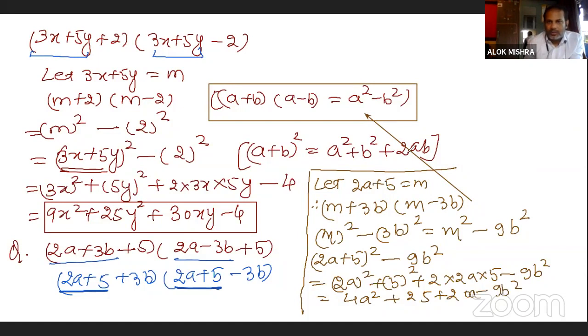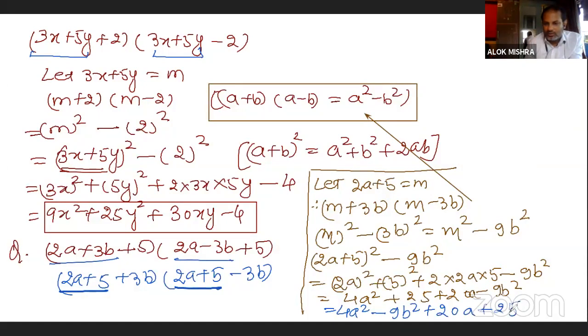So finally, what is the answer I'm going to get? The final answer will be, first of all, I'll have to write down the variables. So it is 4a square minus 9b square plus 20a and plus 25.